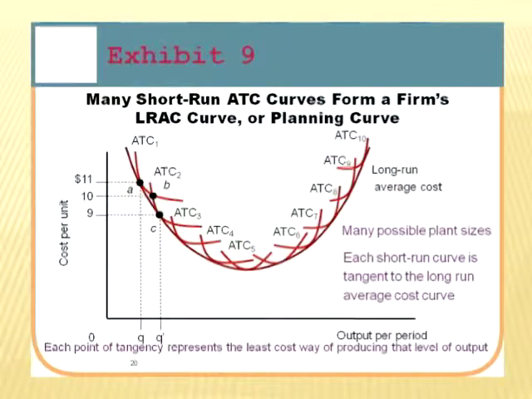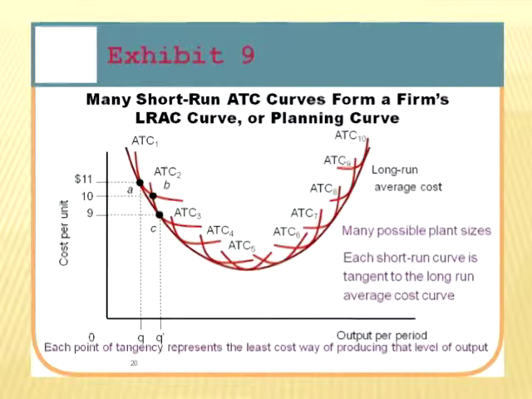So we actually end up with a whole array of potential size plants. We could actually make various different plant sizes. And you might want to think in terms of the example that we've been using. ATC1 is only a single truck, ATC2 is 2 trucks, and ATC3 is 3 trucks, and so forth.